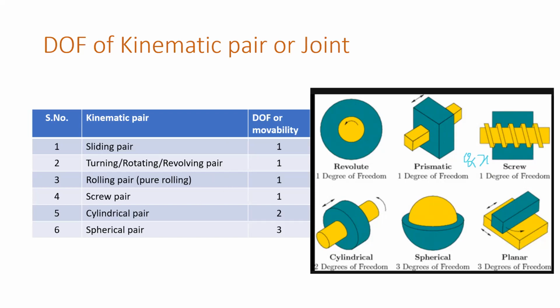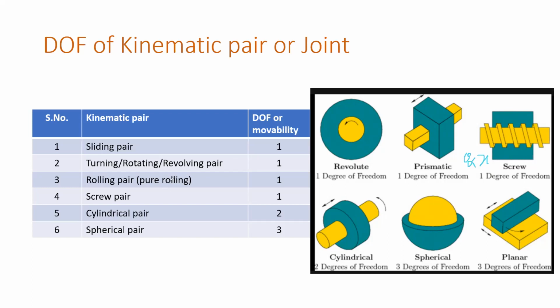So that is about the rolling pair. The rolling pair is not shown here. It is just the example of a wheel rotating on a surface. Here I mentioned that it is pure rolling, meaning slipping is not there.